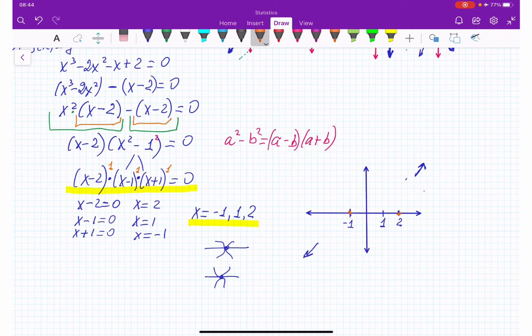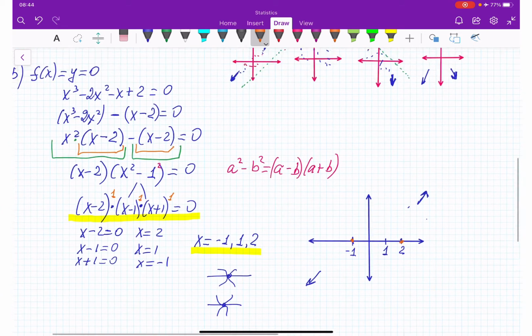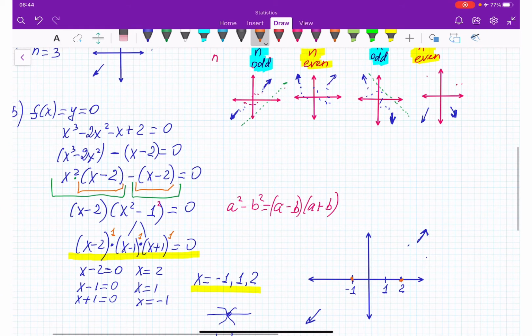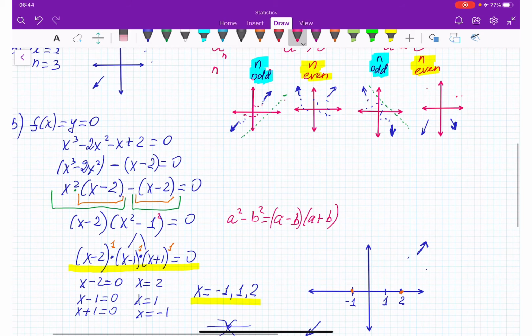What does multiplicity tell us? I'm going to add to this template. If multiplicity is odd, which in our case all three are odd, then at this x-intercept the graph is gonna cross from left to right or from right to left.